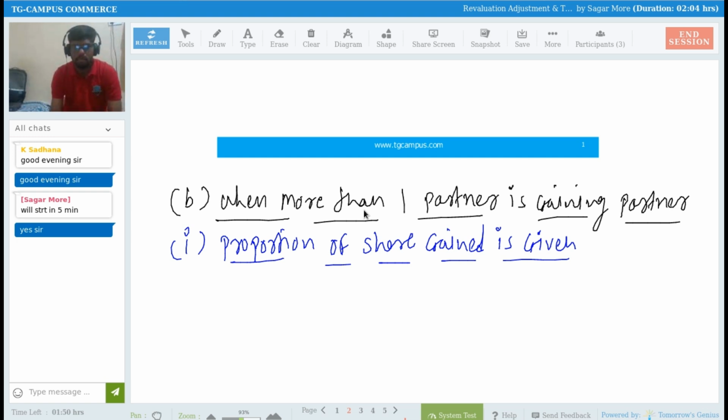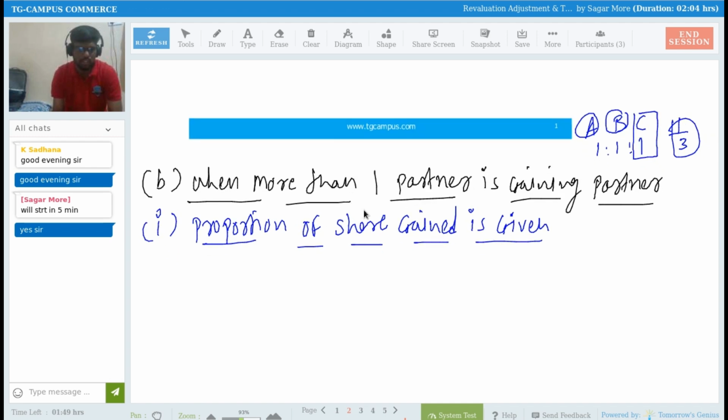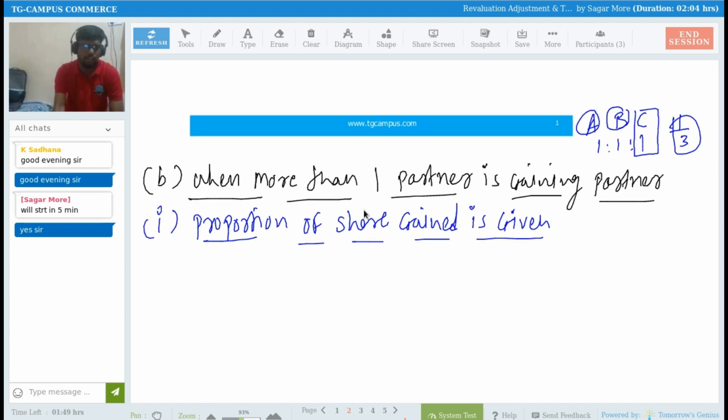For example, previously A, B, C were partners with shares 1:1:1. If C retires, his one third share will be enjoyed by partners A and B. But in which proportion? It is given in the question, right? If it is given, we have to follow the steps.